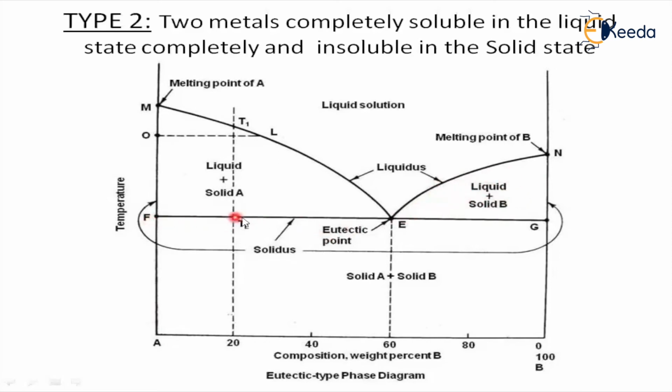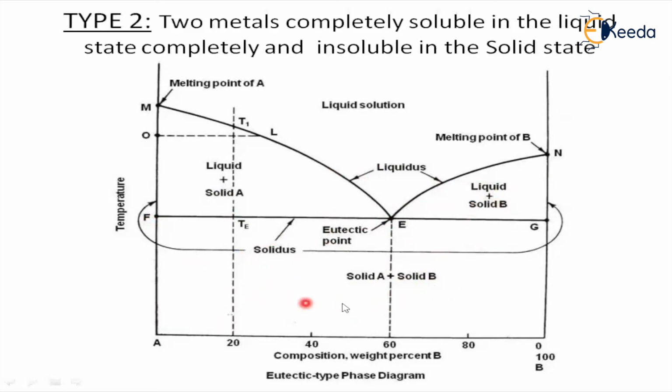And if you observe below the eutectic temperature, whatever region you are seeing is a eutectic mixture, so that means completely solid here. This is a solid region: liquid plus solid B, and solid A plus solid B. So this is the type 2 phase diagram.